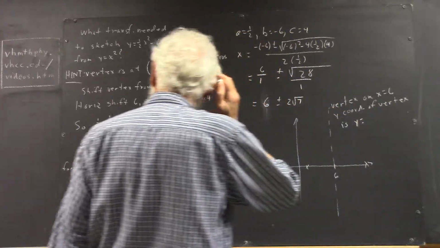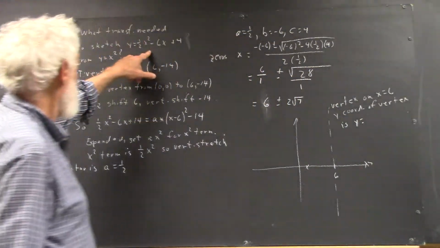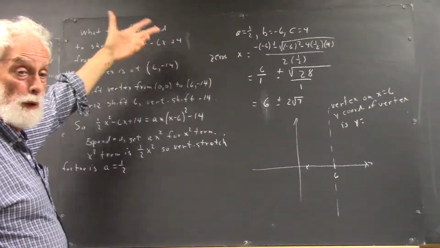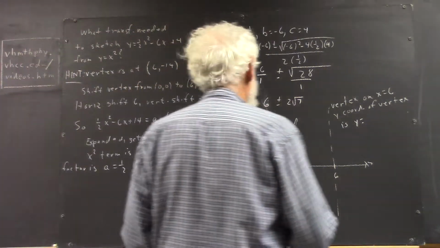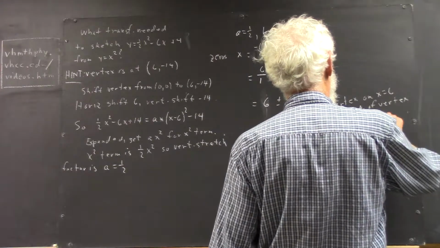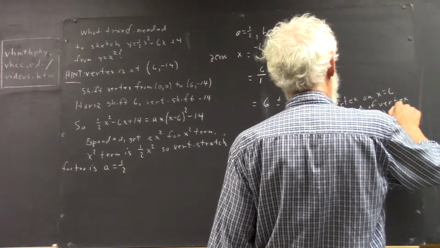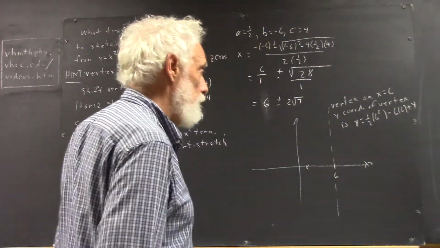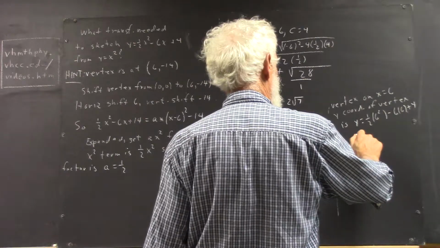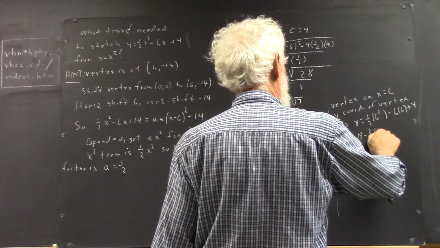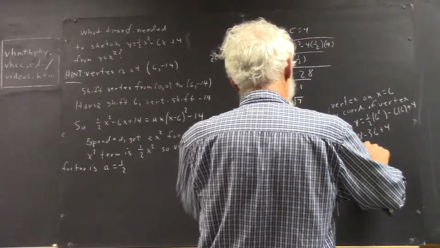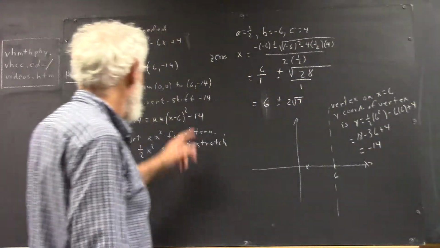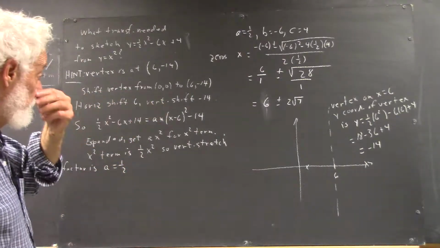Let's plug in 6 for x, because if x is 6, the equation tells you what y is. So that's going to be 1/2 times 6 squared minus 6 times 6 plus 4. And 6 squared is 36, half of that is 18. Then it's minus 36 plus 4. And -18 plus 4 is -14. And that's what I said it was.